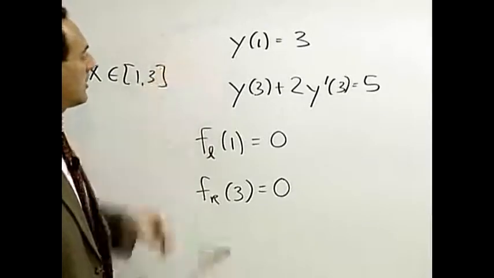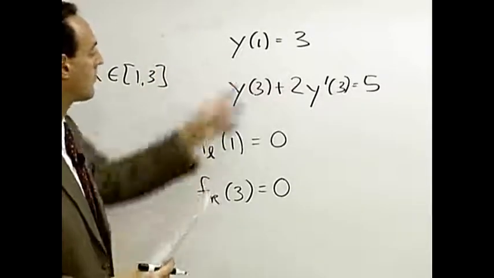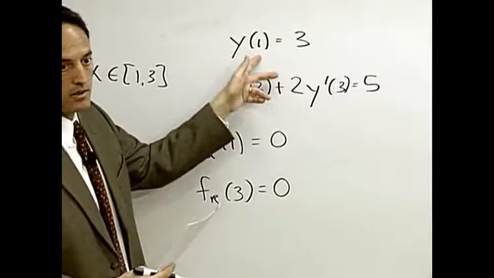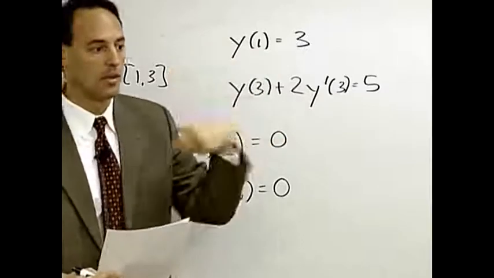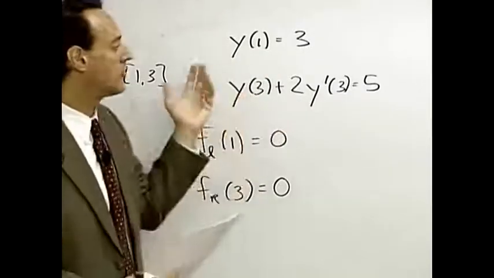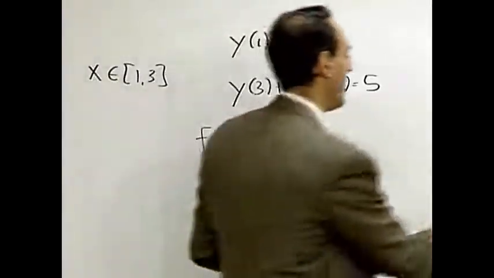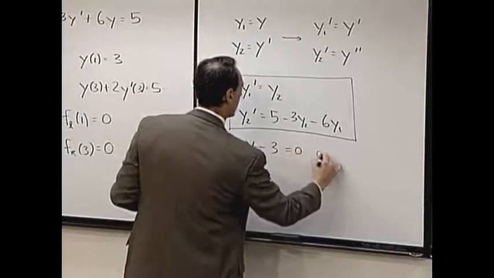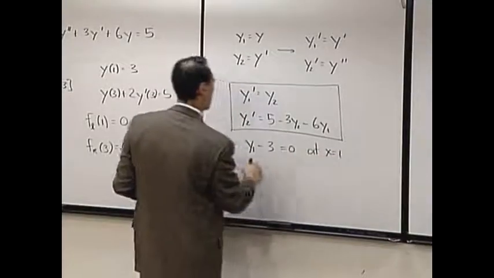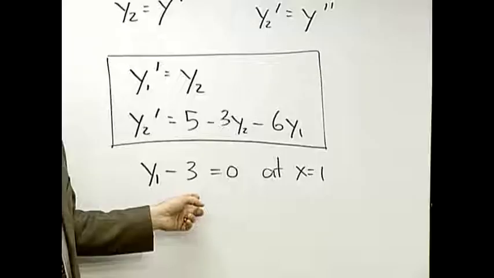Well, they're pretty simple, actually. I want this something equal to 0. What I have over here is y at 1 is equal to 3. Well, y is y sub 1. I'm going to trade that out and write it in terms of y1 and y2. And so my boundary conditions are the following. On the left, I'm going to have y1 minus 3 is equal to 0. That's my boundary condition at 1, my left boundary condition.